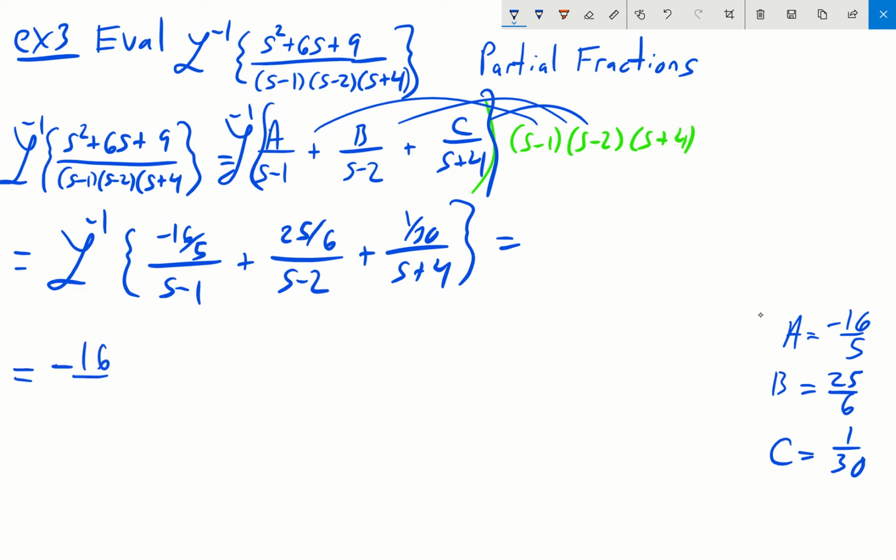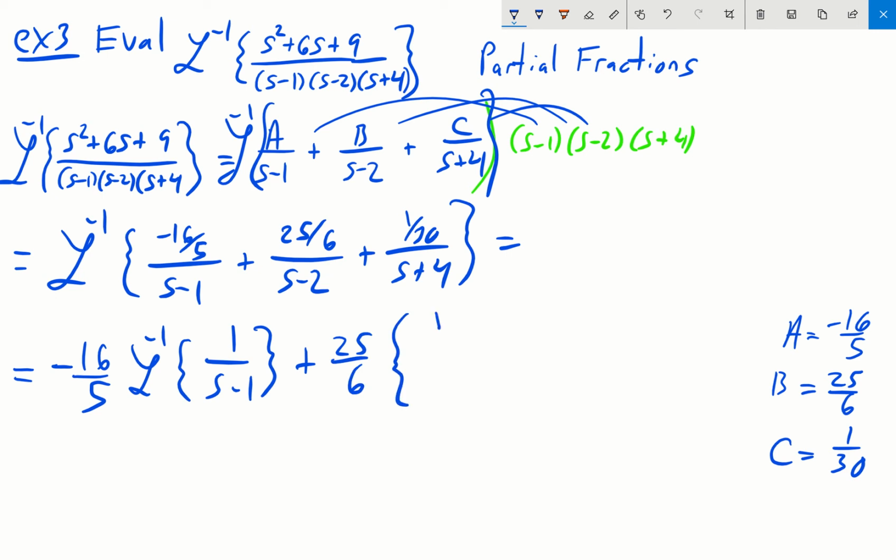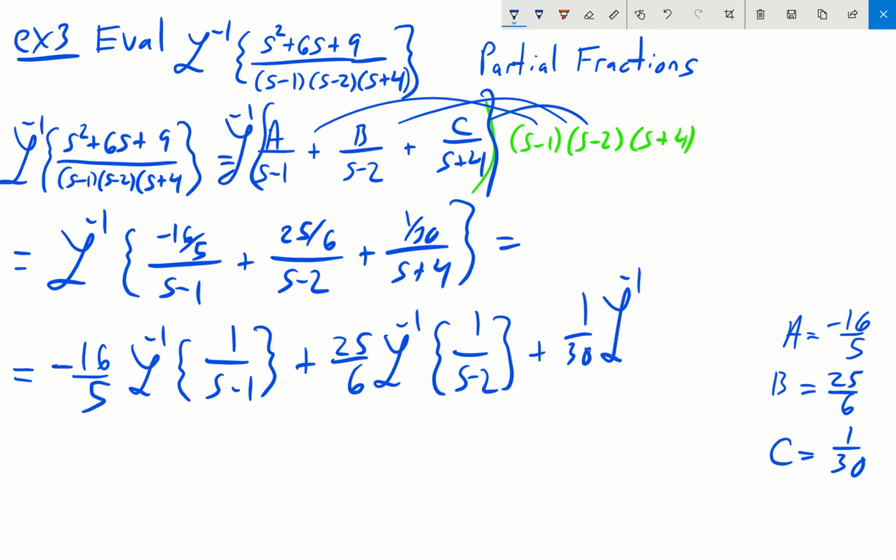We can now use the linearity of the inverse Laplace operator. This is equivalent to negative 16 fifths times the inverse Laplace of 1 divided by s minus 1, plus 25 over 6 the inverse Laplace of 1 over s minus 2, plus 1 over 30 the inverse Laplace of 1 over s plus 4.